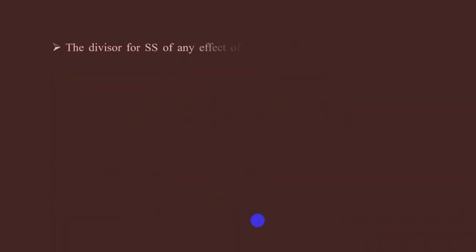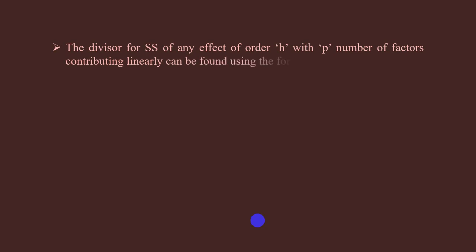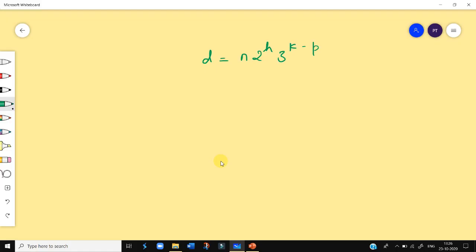The divisor for sum of square of any effect of order h with p number of factors contributing linearly can be found using the formula d equal to n times 2 raised to h into 3 raised to k minus p. For example, let us find the divisor for BD square. Now, it is two-factor interaction of a 3 raised to 4 factorial design. So k is equal to 4. Since it is two-factor interaction, so h is equal to 2.